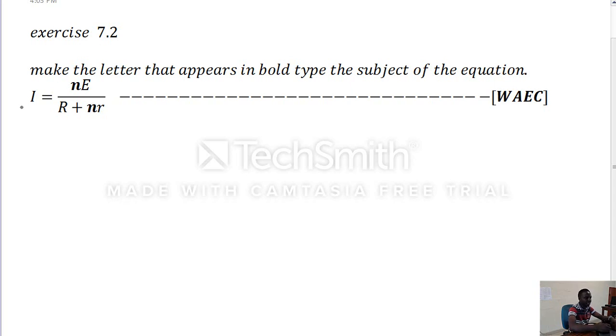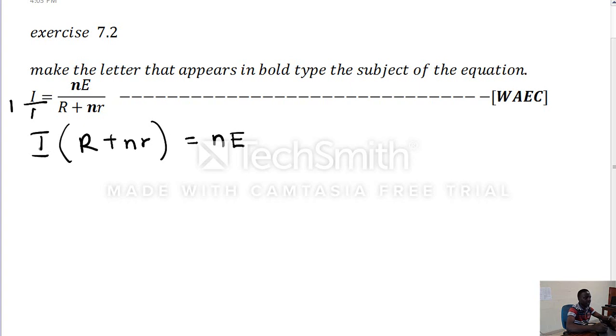I'll do that by cross multiplying, or we'll say by multiplying both sides by bracket r plus n r. So this is going to give me I into brackets r plus n r is equal to 1 times n r is n r.